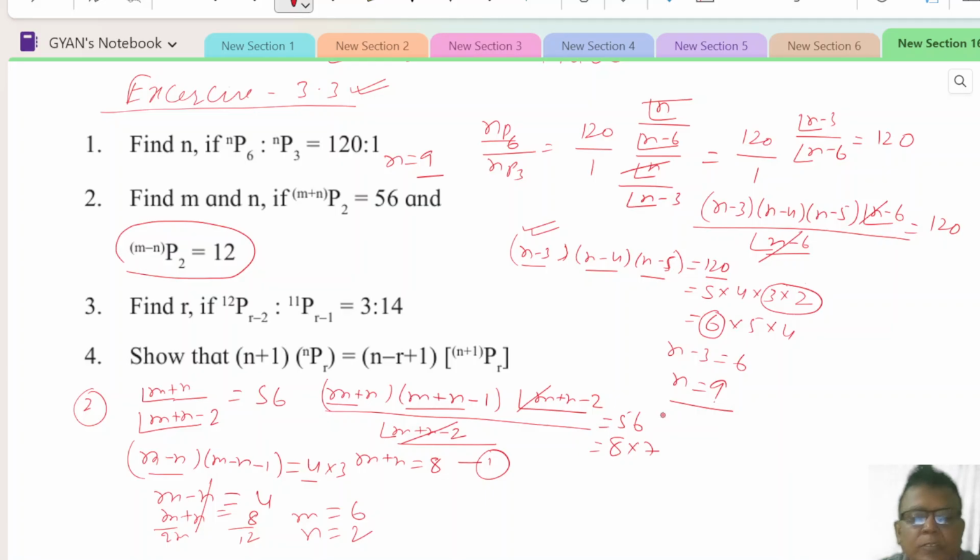Now come to question number 3. So 3 is factorial 12 divided by factorial 12 minus r minus 2, divided by factorial 11 divided by factorial 11 minus r minus 1.